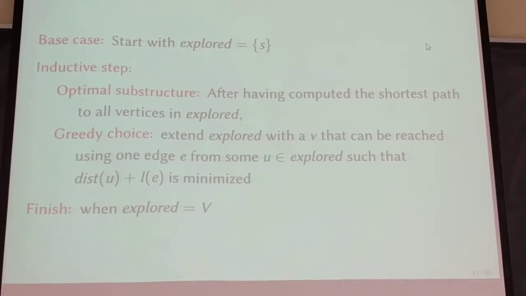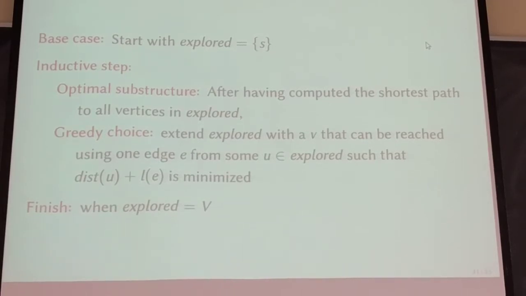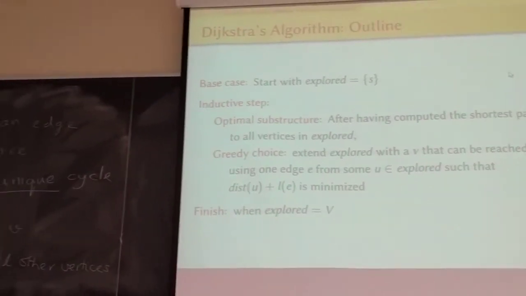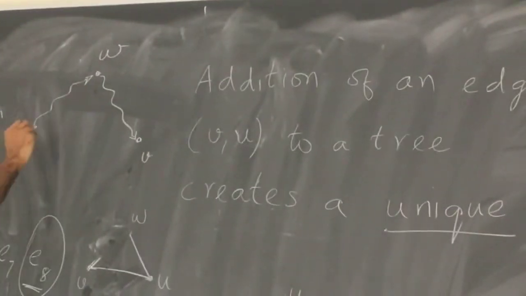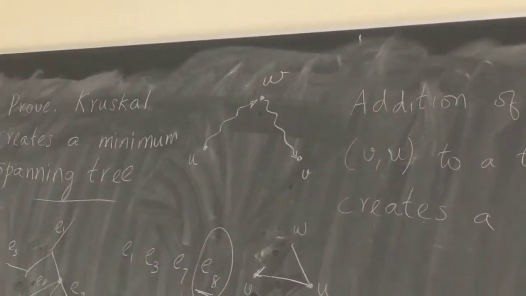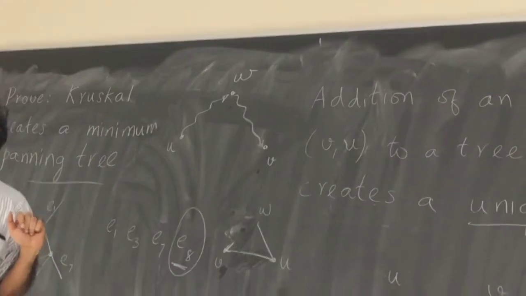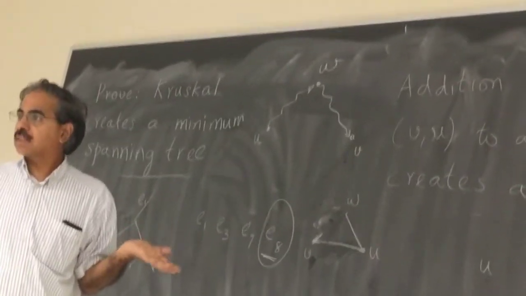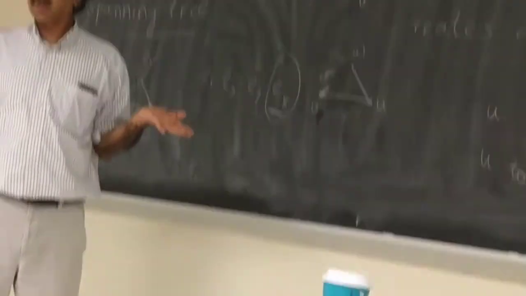For instance, let's say the shortest path from U to V goes through W. Then the path going from U to W should itself be the shortest path between U and W. That is the optimal substructure property that we are looking for.